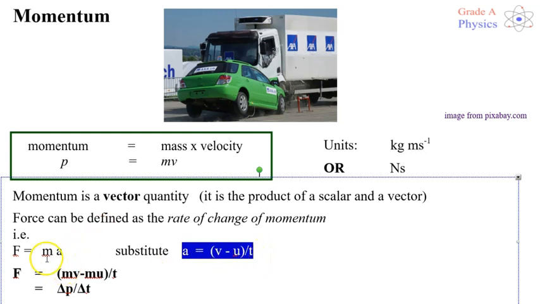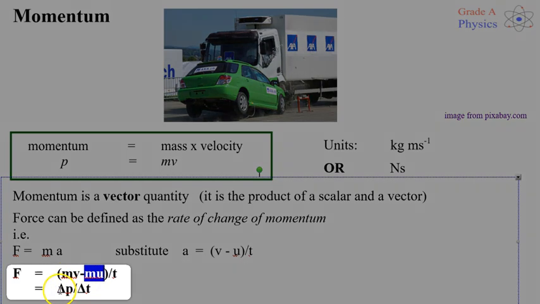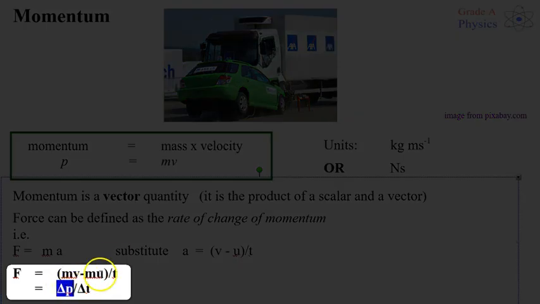Then we end up with m multiplied by (v − u), divided by t. So we can expand the brackets and we end up with mv, which is the final momentum, minus mu, which is the initial momentum. So mv − mu we could write as Δp, which is the change in momentum. And then we divide by time, or the change in time. So Δp over Δt, that's the rate of change of momentum.